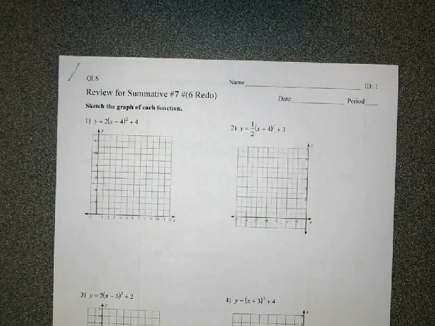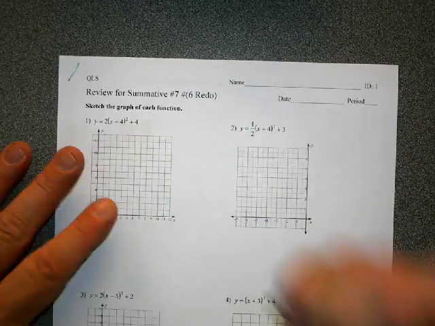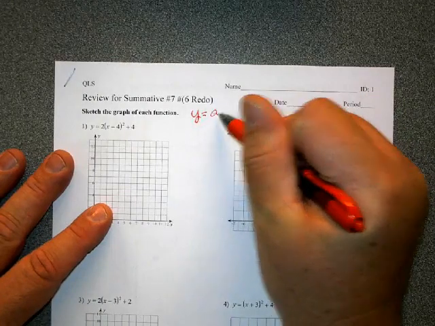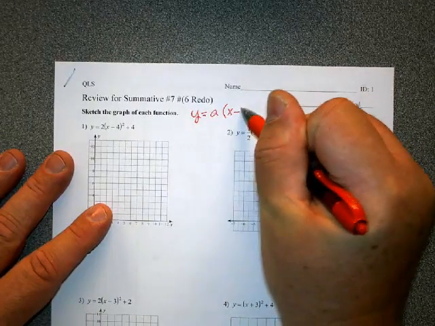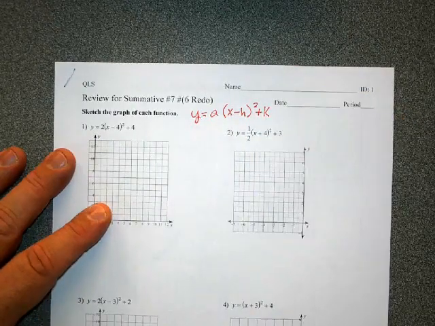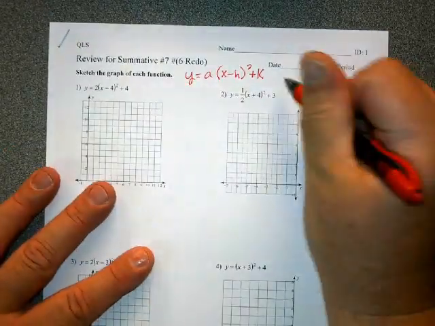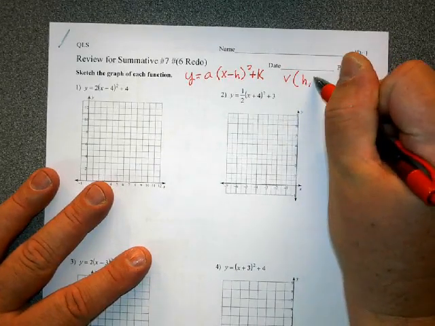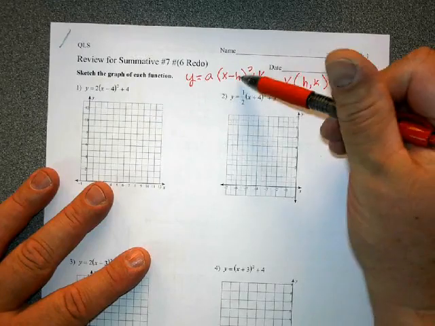Vertex form where we have y equals a times x minus h squared plus k, and my vertex is (h, k). Now be careful, the h has different signs, right? The k has the same sign.